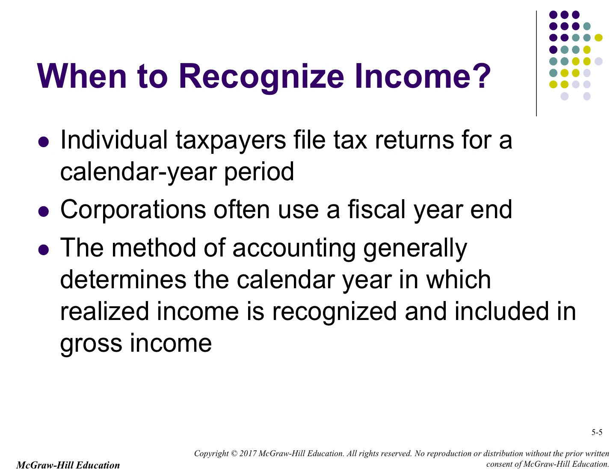And so then they have to do inventory and all of that. So corporations can use a fiscal year end, and it can be whenever, whatever makes sense for their business model, okay? And then the method of accounting generally determines the calendar year end in which realized income is recognized and included, okay?